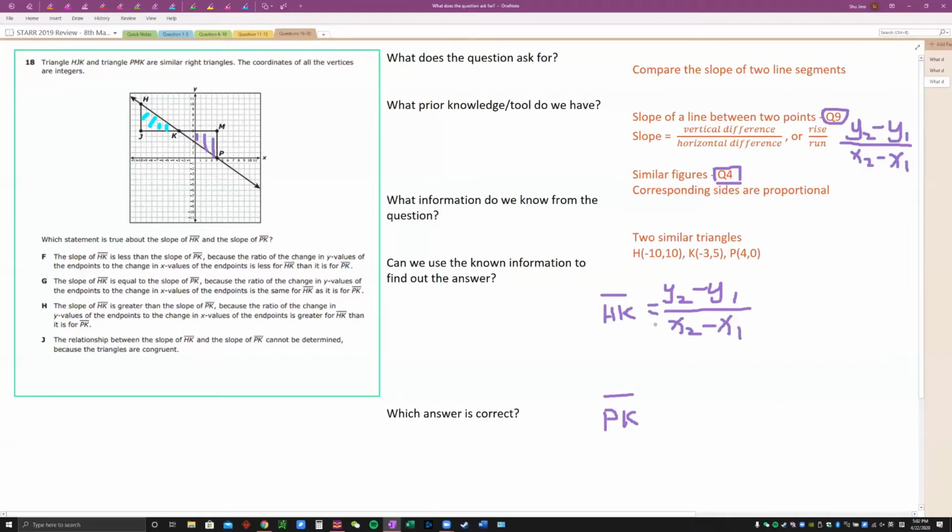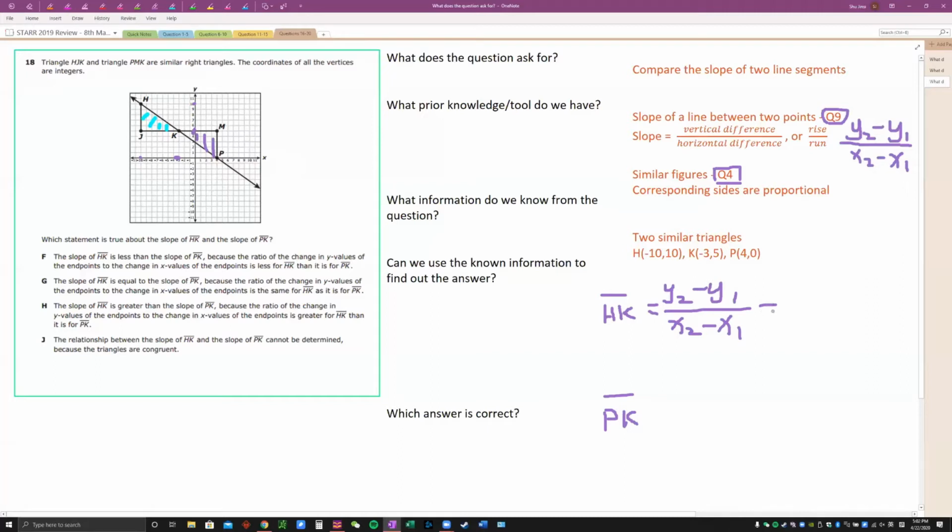For this line, H is the first point, and for H the x coordinate is -10 and the y coordinate is +10. For K, its x coordinate is -3 and its y coordinate is +5.